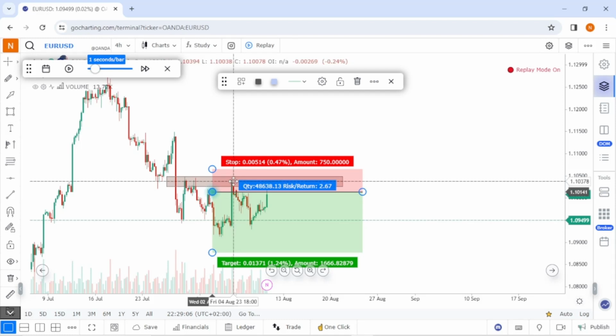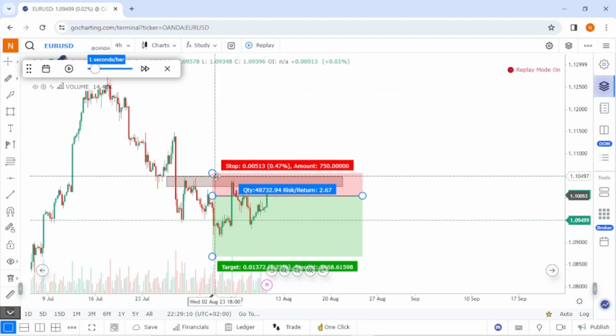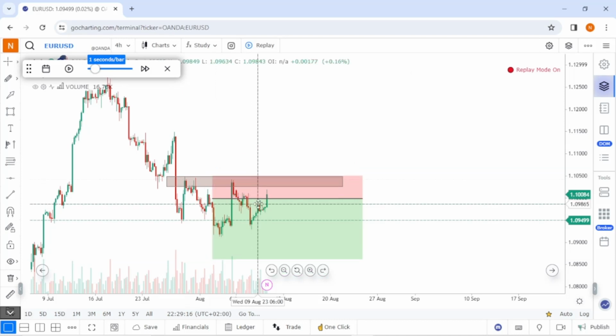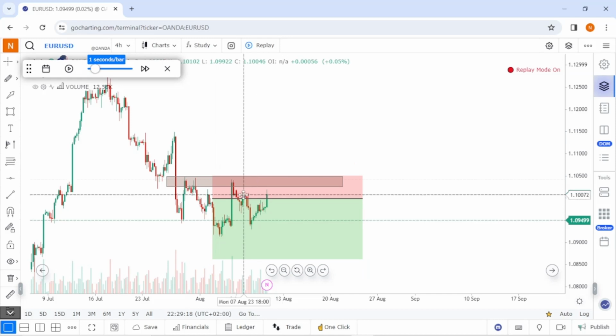That's where you should place your stop loss, right above your previous lower high. Cool, and then this setup makes sense.